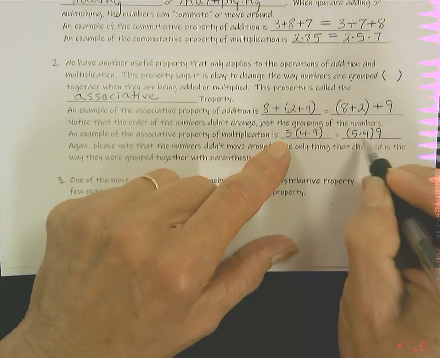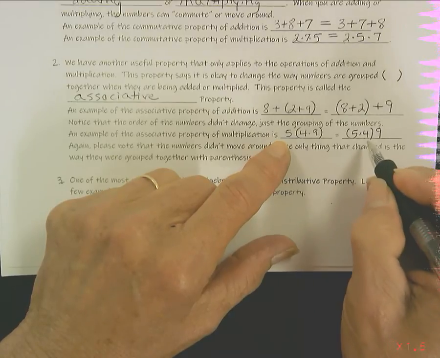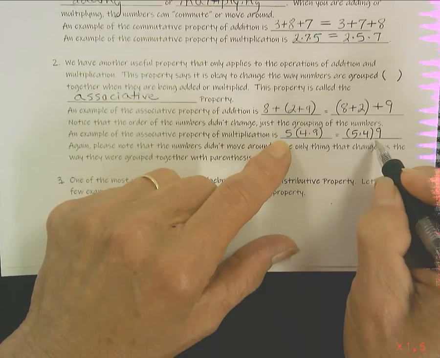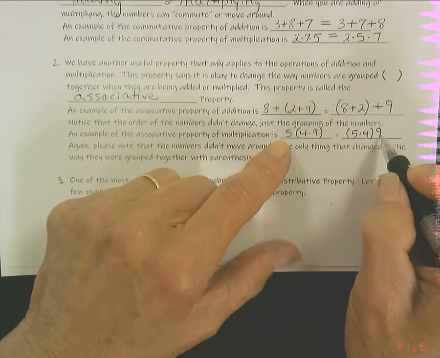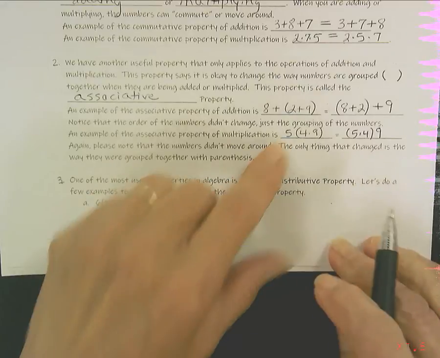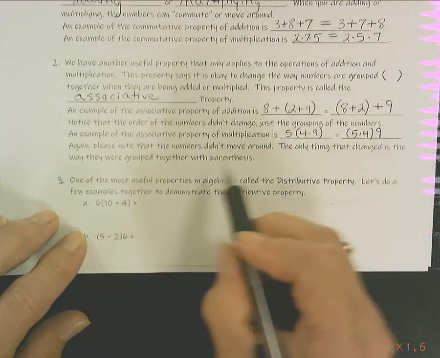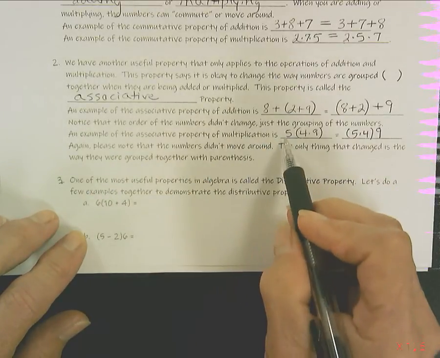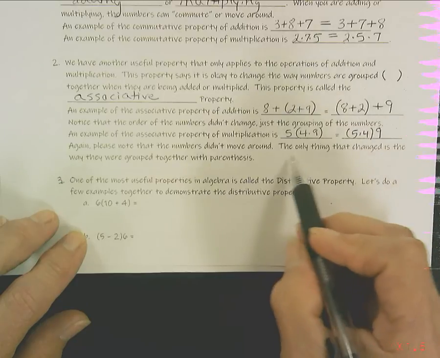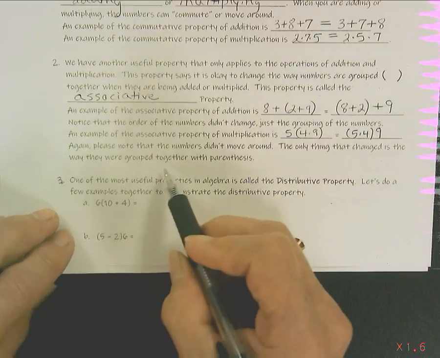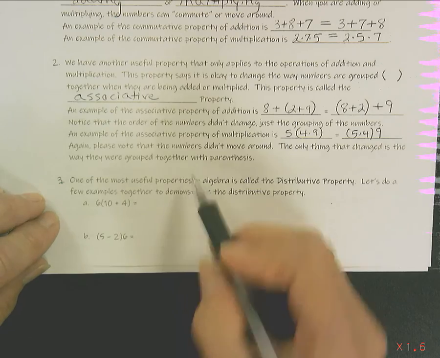And then I can multiply 20 times 9. I know 2 times 9 is 18, so 20 times 9 is 180. Once again, the numbers did not move around. They're still in the same order. The only thing that changed is the way they were grouped together with parentheses.